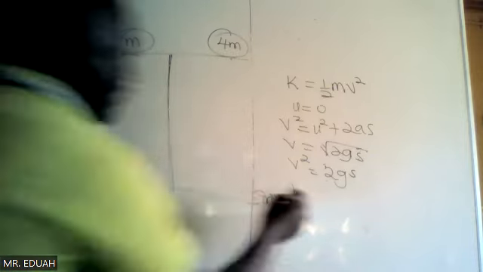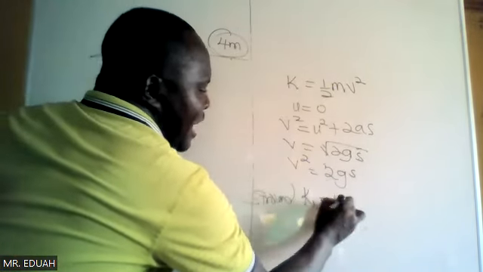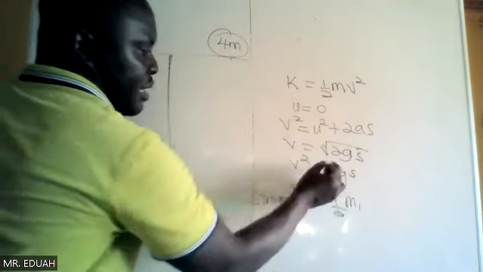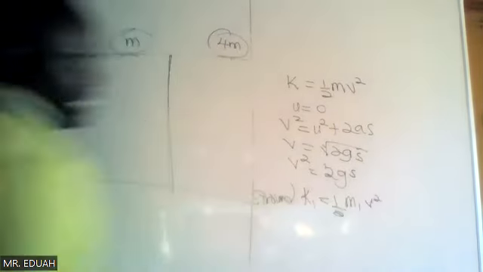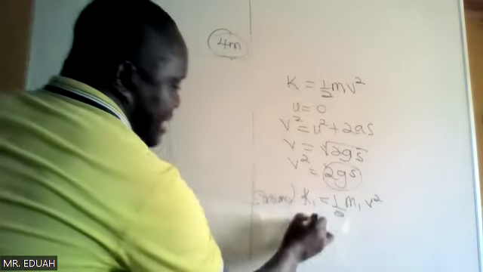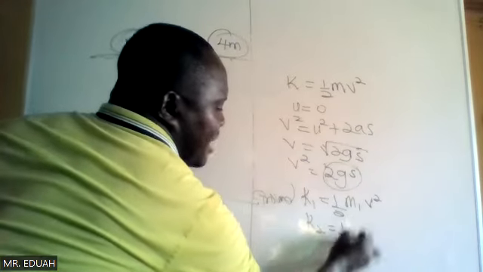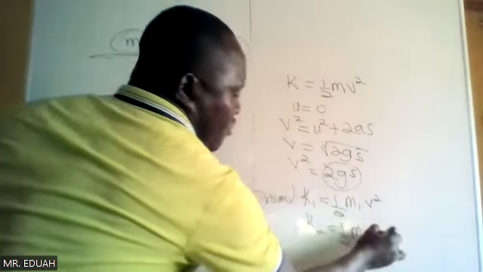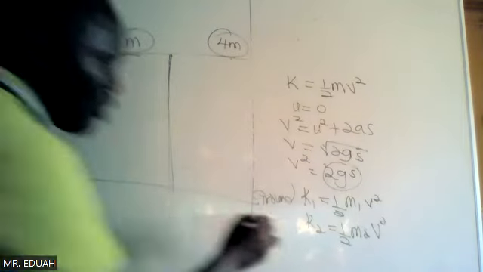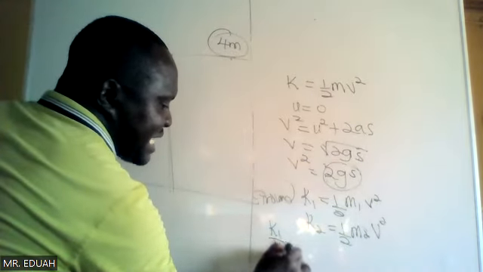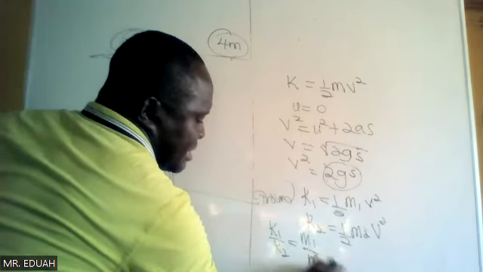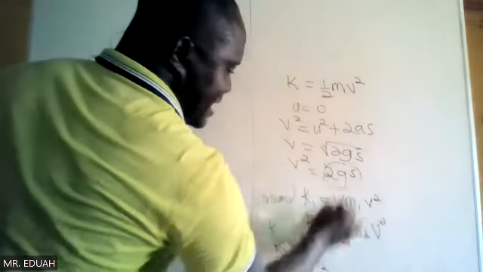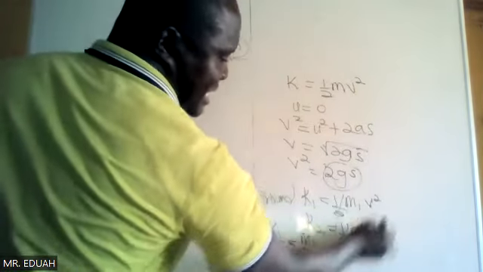So if you take it for K1, half M1 times V squared. If you take it for the second mass, K2, you have half M2 times the same value, V squared. So a ratio of the kinetic energies would actually be equal to a ratio of their masses, because the velocity is the same for all.